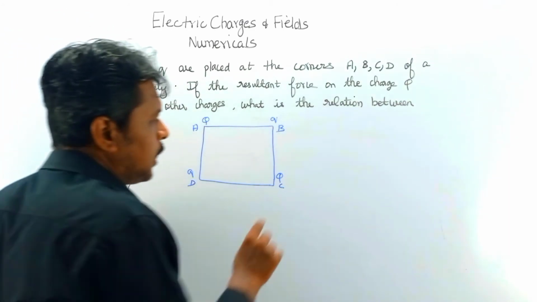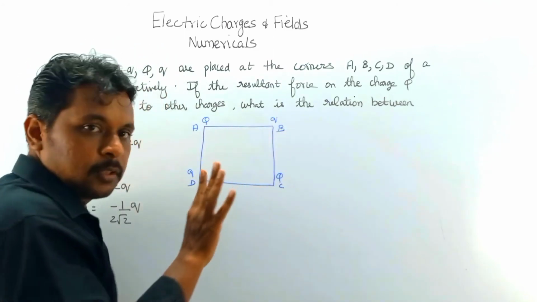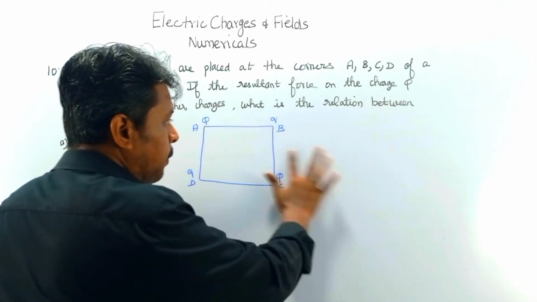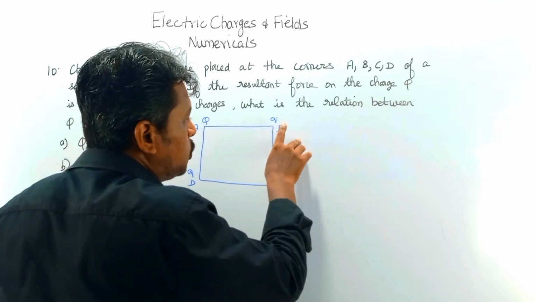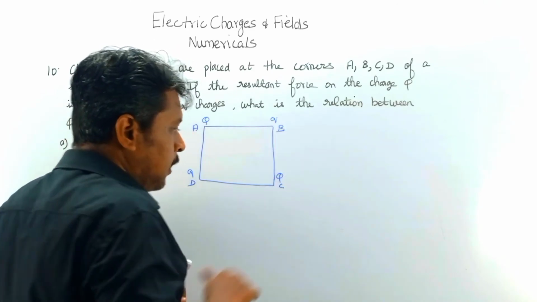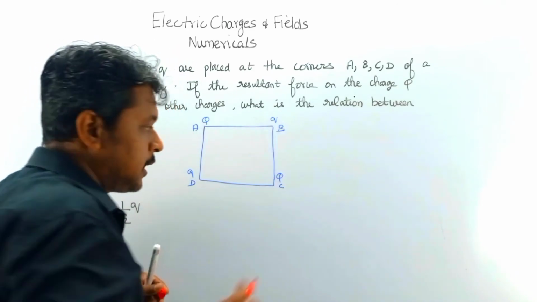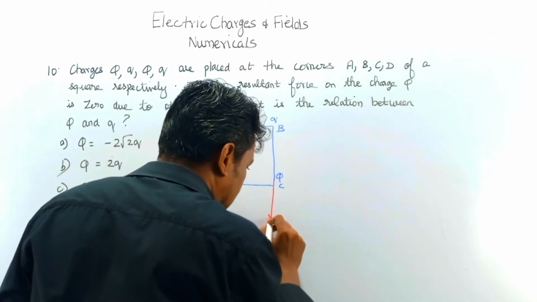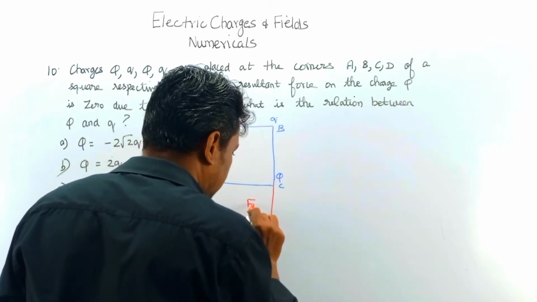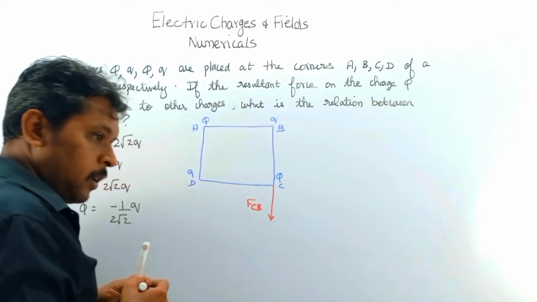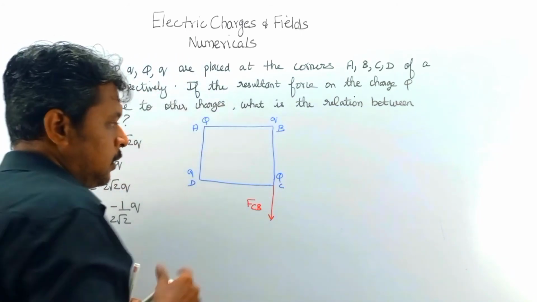Now here we see that all are positive charges. Now let us take one by one. So the force due to the charge kept at B will be acting at the point C in this direction, in this downward direction. So here I can write it as FCB.